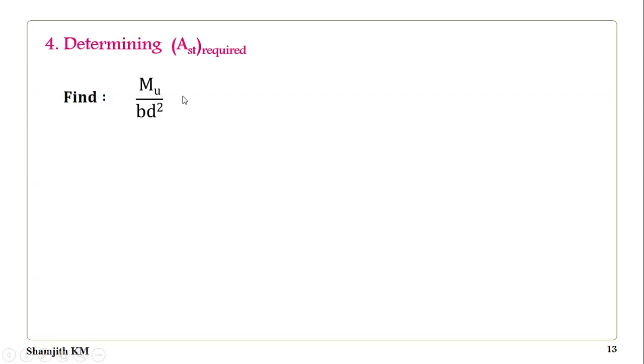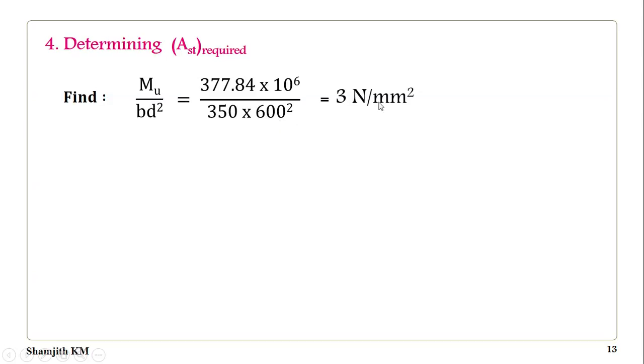This Mu is the factored moment we have already found, that is 377.84 into 10 raised to 6, which is used to make the units consistent on either side, divided by 350 into 600 square. This is d, it is taken as 600 now, into 600 square. It will be giving 3 Newton per mm square.